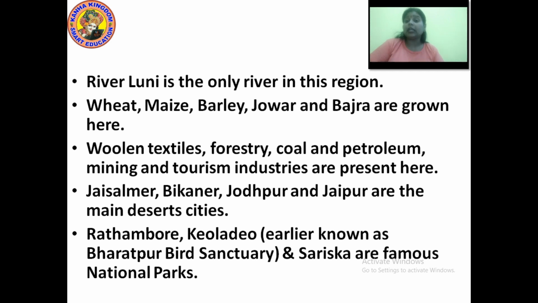Now in the Thar Desert, there is only one river which flows, and that is River Luni. River Luni is the only river of the Thar Desert. Wheat, maize, barley, jowar and bajra are grown in this region.